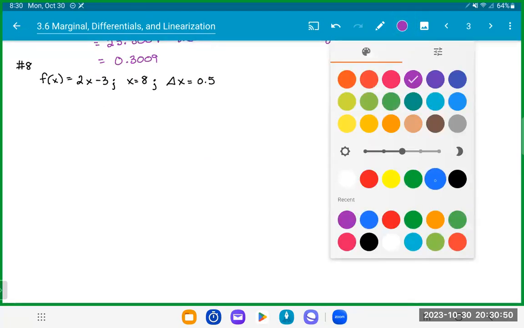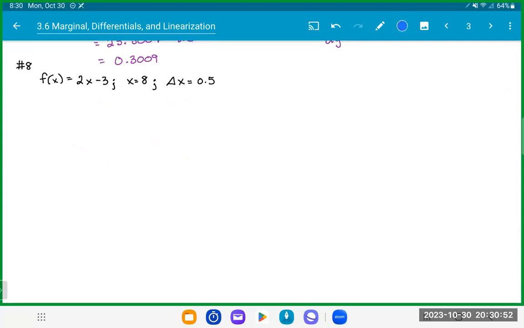All right, so let's do the same thing for this next example. Same page, just problem number 8. We have f of x equals 2x minus 3, x is equal to 8, and our change in x is 0.5.